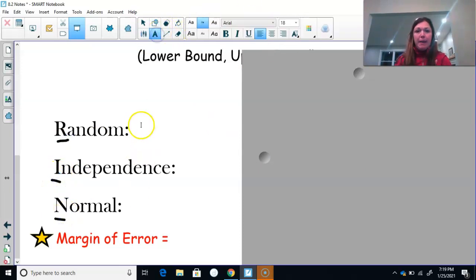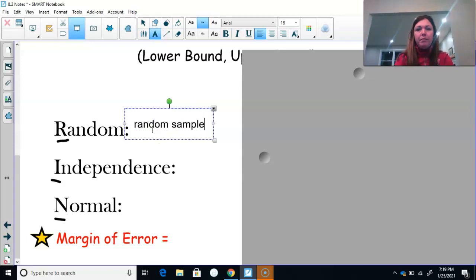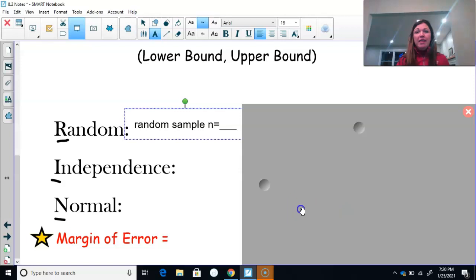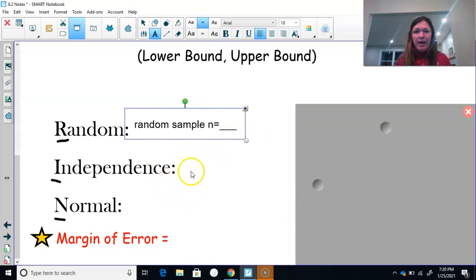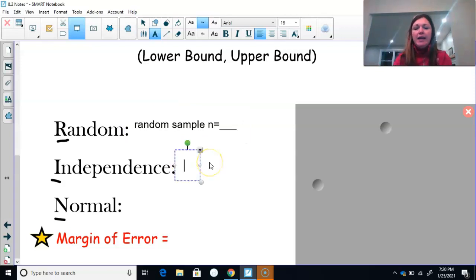We need a random sample of n equals blank, so we're going to label what that is. Then the independence condition, okay, that means that our sample has to be less than 10% of the population. So how I find that is I take 10 times my sample size, which has to be less than capital N, my population size. And then we deal with the normal condition.